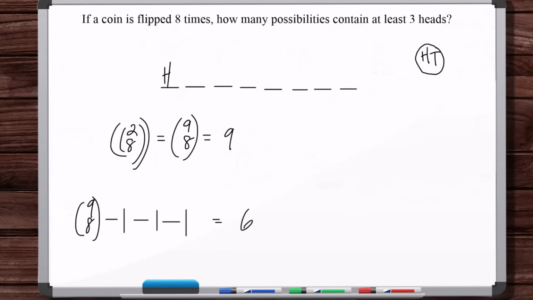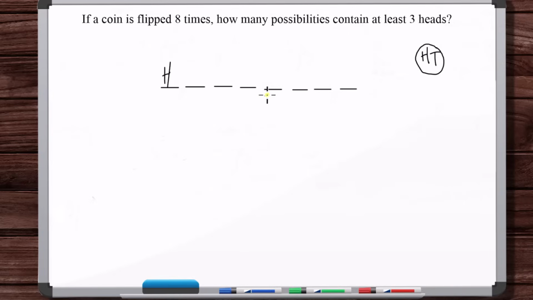If they're saying that order matters, then this is permutations with repetition. So it's 2 to the 8th is the entire system. If it's all tails, that's still just 1. Now, if it's a head and all tails, then you could put that head at any of the different slots.